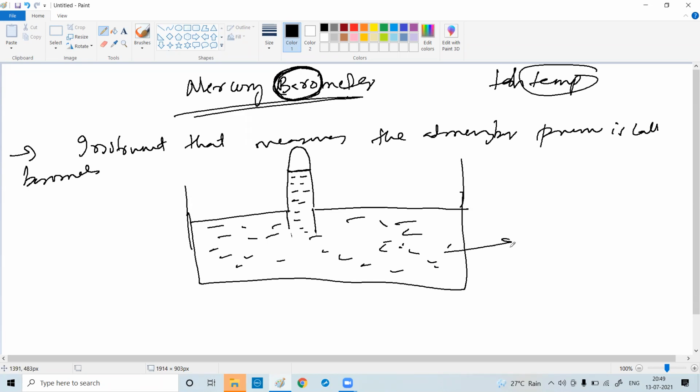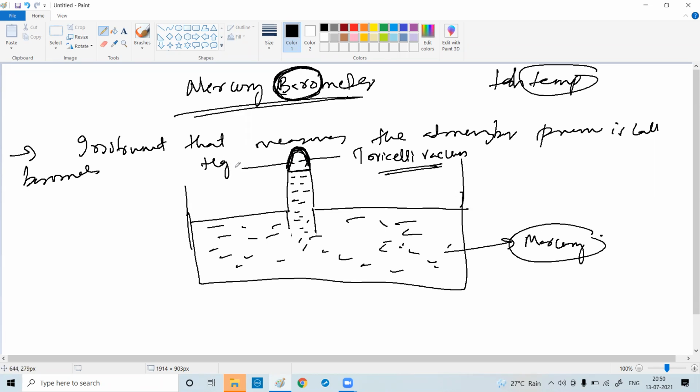This liquid is nothing but mercury. The vacuum is called Torricelli vacuum, which has or may have mercury vapors only. It will not have air, it will have vacuum or some mercury vapors.